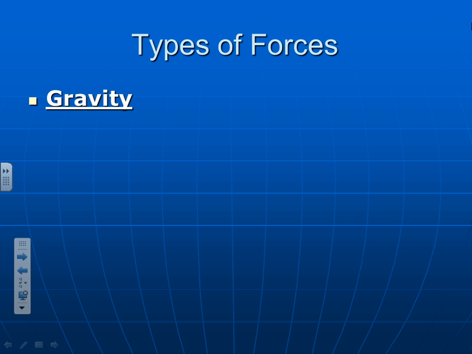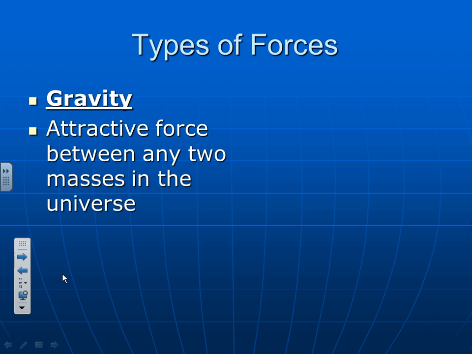Pulls things towards it. Towards or together, right? But here on Earth, we know that gravity causes that acceleration, but at different places in the universe, that value can change, right? So, gravity is an attractive force between any 2 masses that are in the universe.